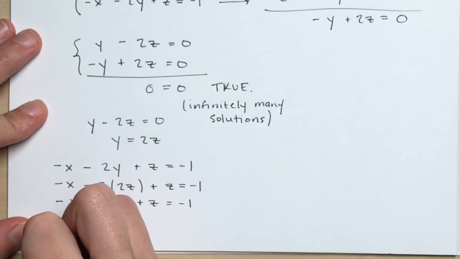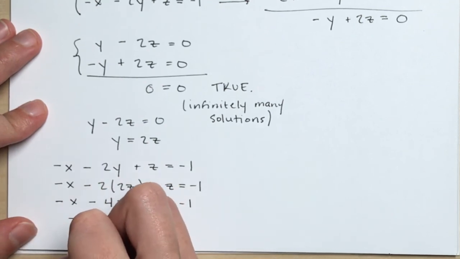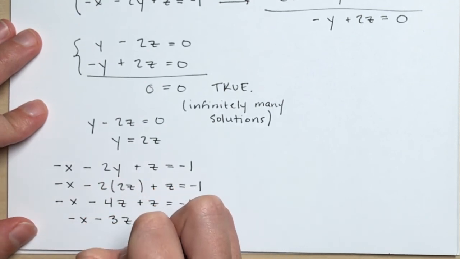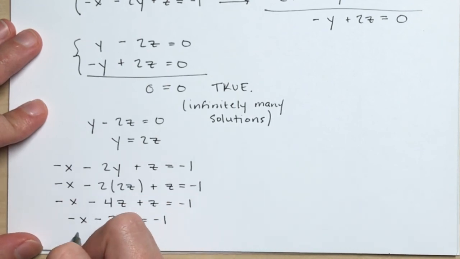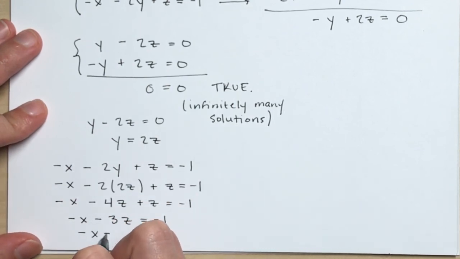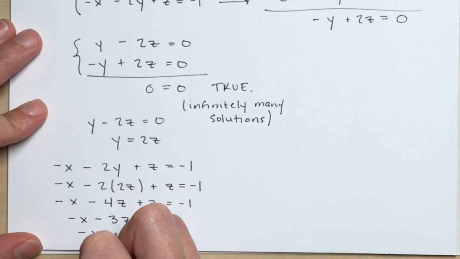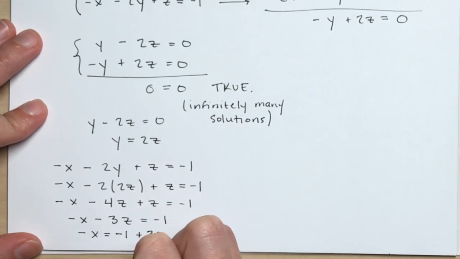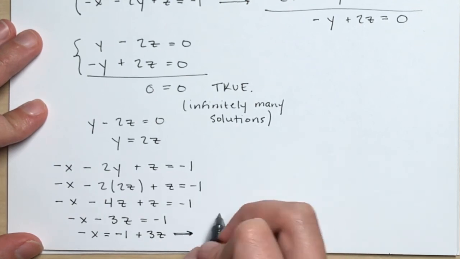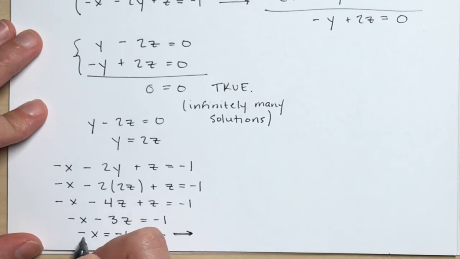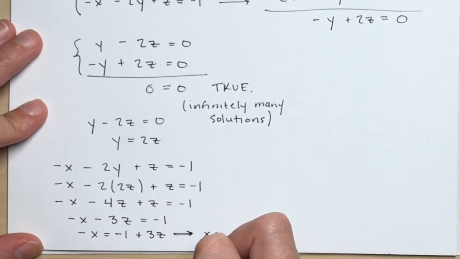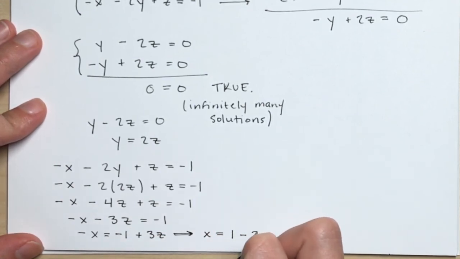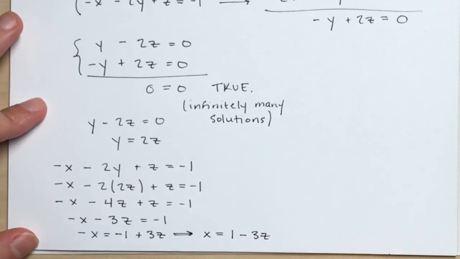So negative x minus 3z equals negative 1. Negative x equals negative 1 plus 3z. And I'm running out of space here. This means let's divide everything by negative 1. So we have x equals 1 minus 3z.